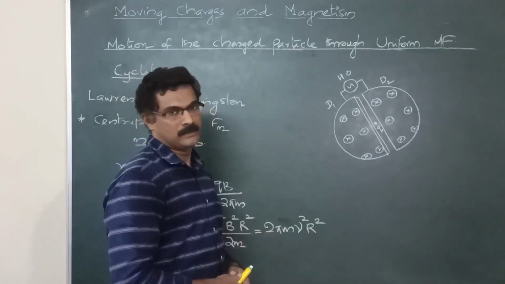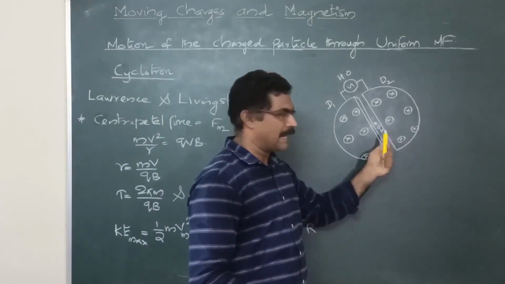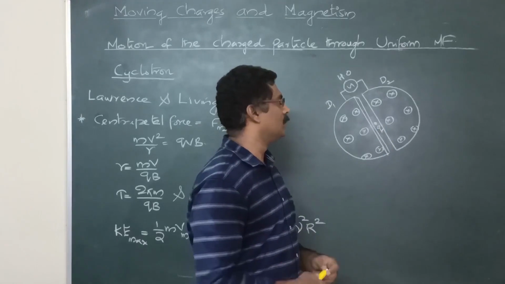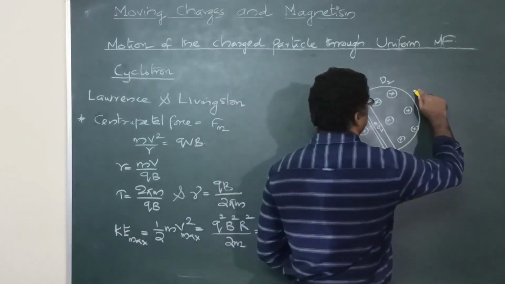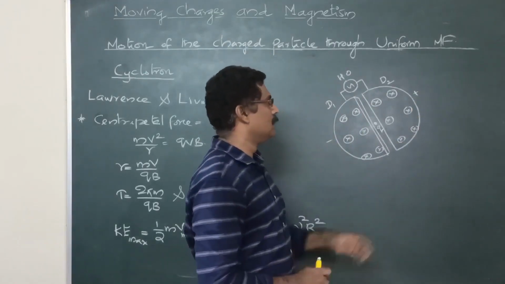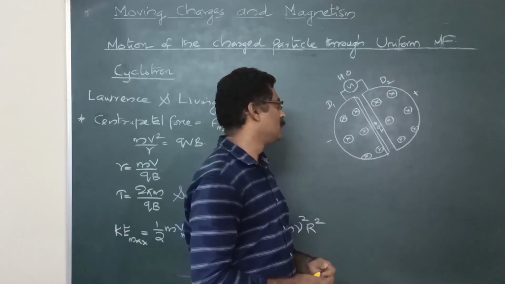Now how is it working? The charge to be accelerated is at the center. Let us initially consider D2 is at a positive potential and D1 is at a negative potential. This potential difference is provided by the high frequency oscillator.